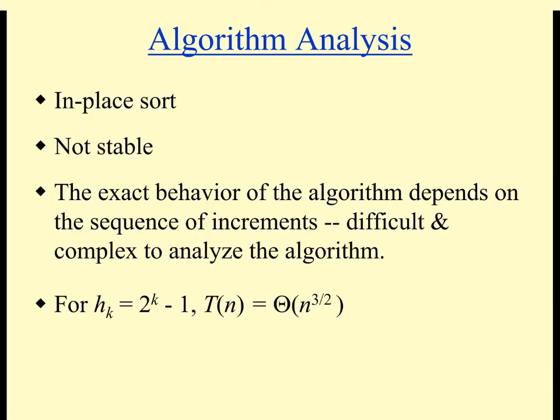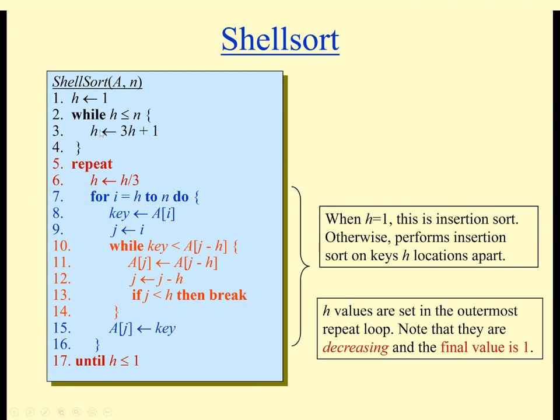First one, whether it's in place. Yeah, it's in place. It's correct because you can find that we don't allocate another n space to save a again, like the merge sort. We only need to allocate additional storage for h, i, j, and key, right?